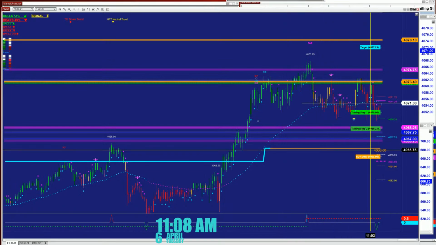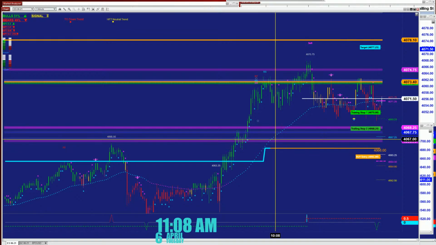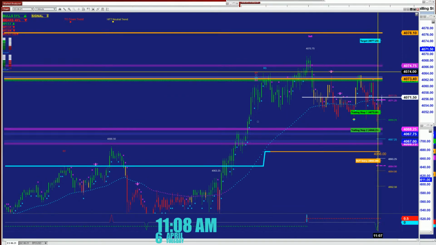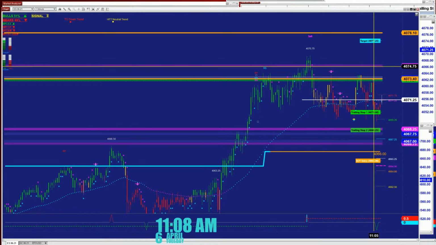This one here is telling you anything above 4066 is long, and anything below that number is short. So when we are looking at this one here, I don't see any hope for long, followed by a projection at 4073, resistance at 4074.75.